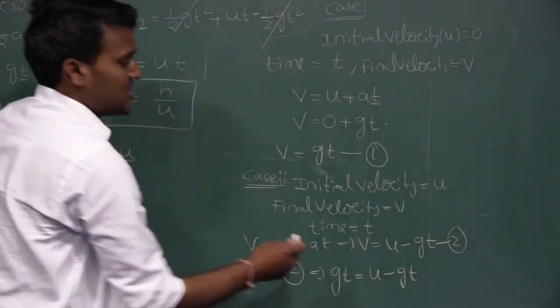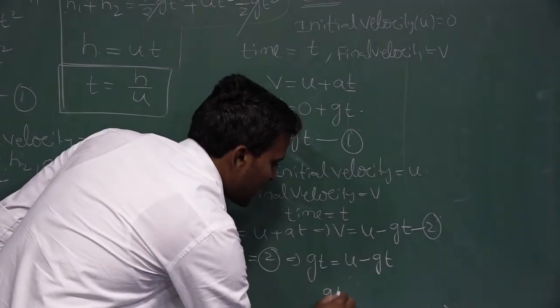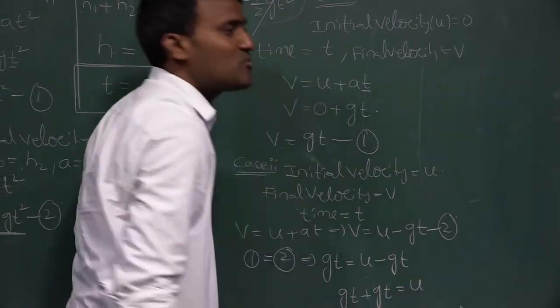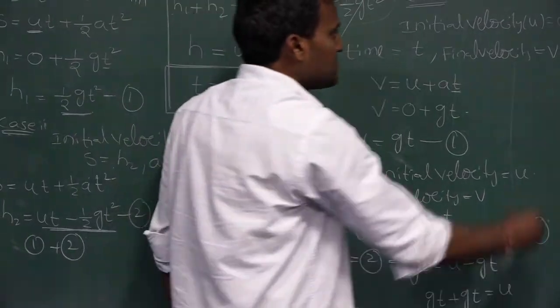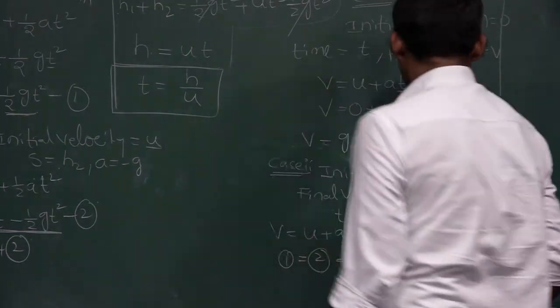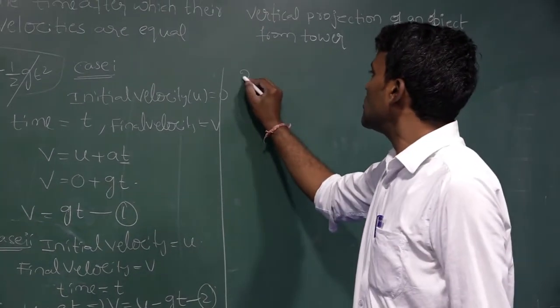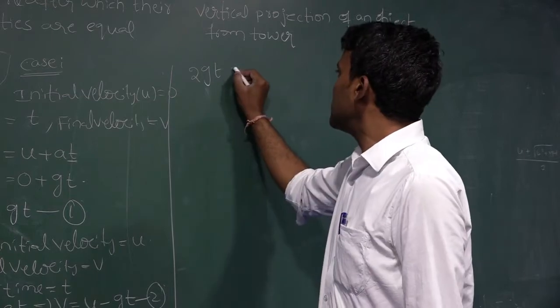If you take g t to this side, you can write g t plus g t is equal to u. g t plus g t is 2 g t, that is equal to u.